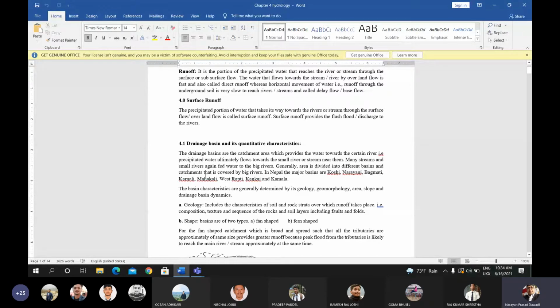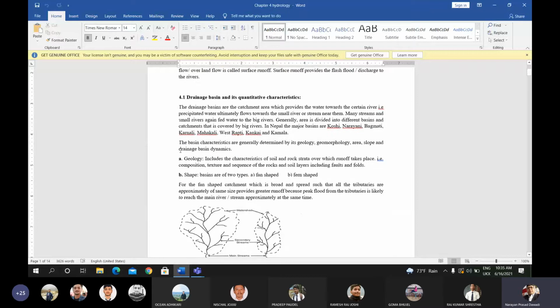The Karnali and Mahakali basins are in the western part of Nepal. West Rapti is up to the Dang district. Kankai and Kamala are in the eastern part of Nepal. These are the major rivers, and their basins are considered. The basin characteristics are generally determined by its geology, geomorphology, area, slope, and drainage basin dynamics.